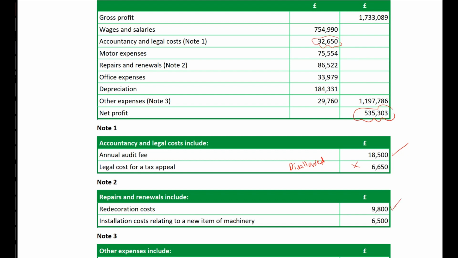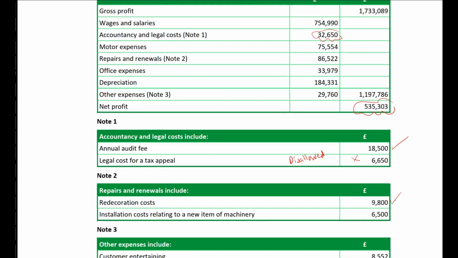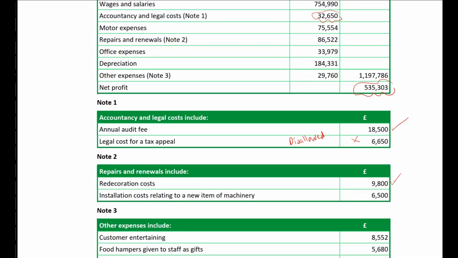I then have the installation cost relating to a new item of machinery. So now when I buy my machinery, let's imagine I am going to do the double entry for that. So if I'm paying for it cash, I'm going to credit cash and I'm going to debit new machine, or machinery if you like, an asset in the statement of financial position.